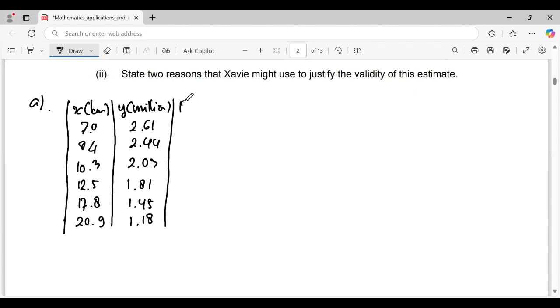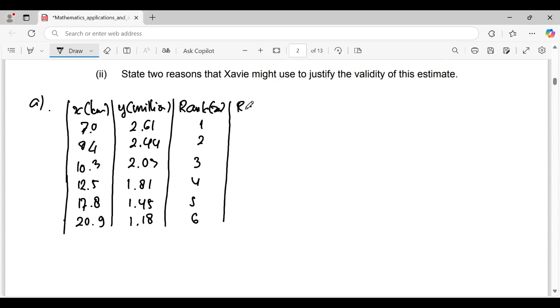And the next column is rank. Rank of X: 1, 2, 3, 4, 5, 6. So this is for data from the lowest to the highest, first, second, third, fourth, fifth, and sixth.